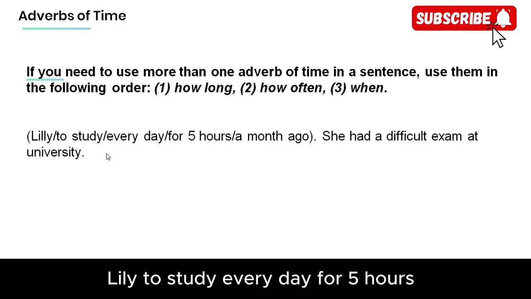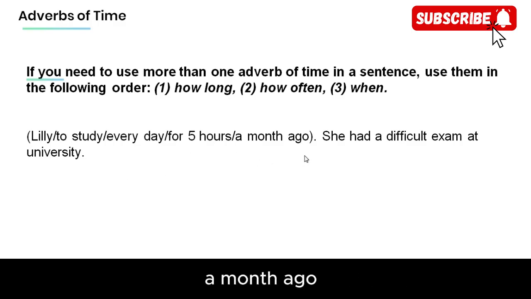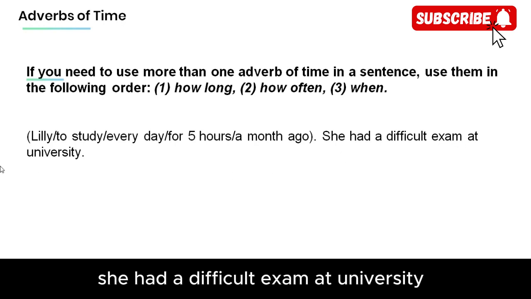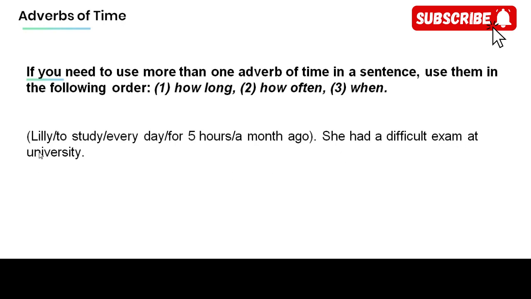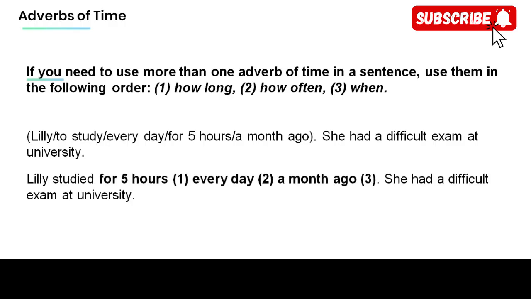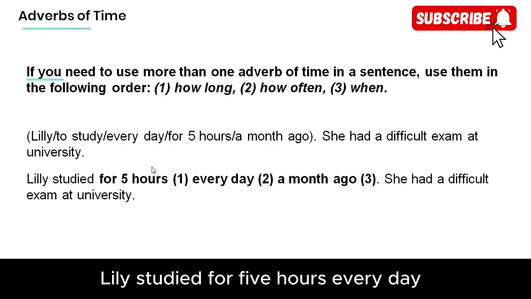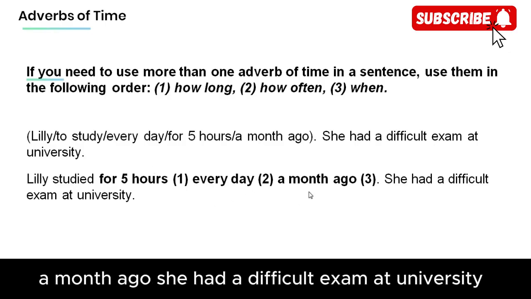Lily to study every day for 5 hours a month ago. She had a difficult exam at university. Lily studied for 5 hours every day a month ago. She had a difficult exam at university.